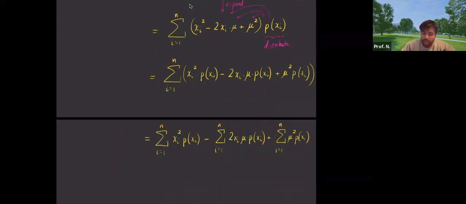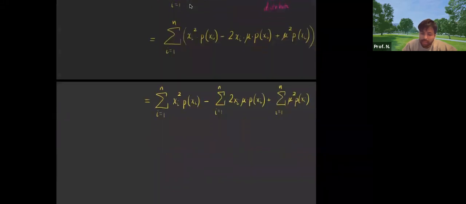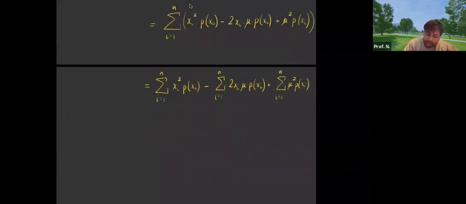Now, what you have to keep in mind is, what are the constants? If you notice, mu is a constant, right? It's a value that's already defined. It's the expected value. 2 is also a constant. So with that constant in a summation, I can factor that out. I'll factor out the 2 and the mu.